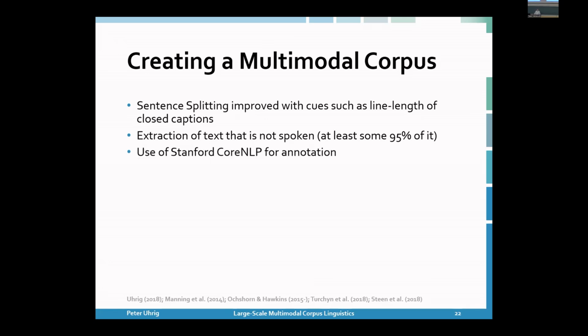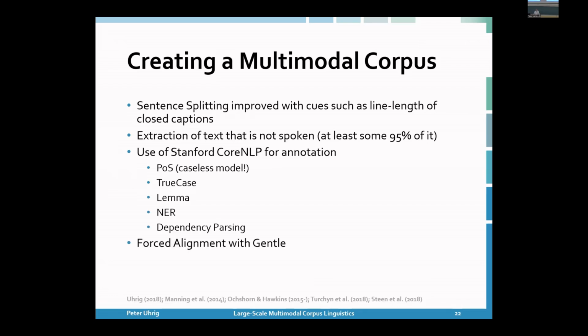We used Stanford CoreNLP, which is a standard tool for linguistic annotation with part of speech, true case, lemma, named entity recognition, dependency parsing, and so on. And then we used forced alignment. Now, for people working with spoken data, forced alignment is a very, very important tool because it allows you to give the computer some audio recording and a text file with a transcript and say, hey, can you match these two somehow?